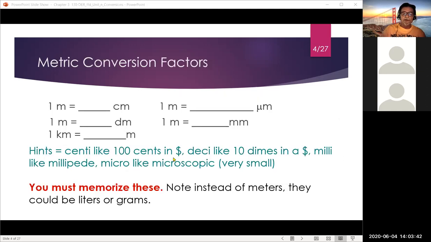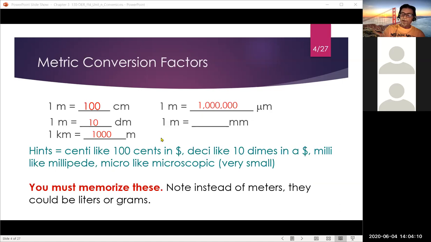That being the case, if you're asked the question, well, 1 meter is equivalent to 100 centimeters. Okay. You see the unit CM, it tells you 100, century, 100. Go to the next one. 1 meter is equal to blank decimeters. That must be 10. And 1 kilometer is equal to 1,000 meters.